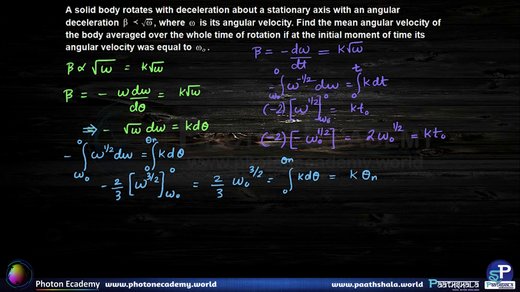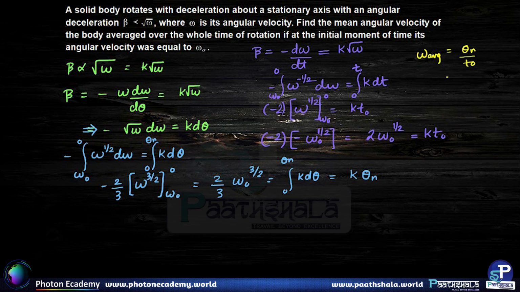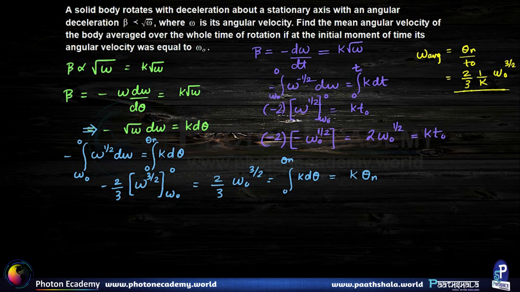So omega average is going to be net angle covered upon net time taken. The net angle covered is 2 by 3 into 1 upon k into omega naught raised to 3 by 2, and the net time taken is 2 omega naught raised to half upon k. We can see that the proportionality constant gets cancelled off.